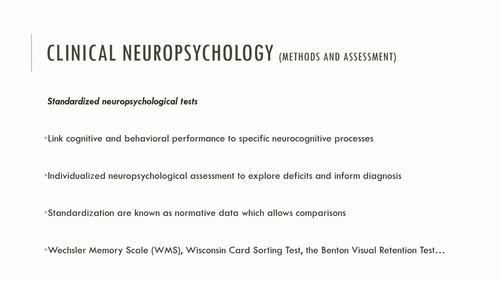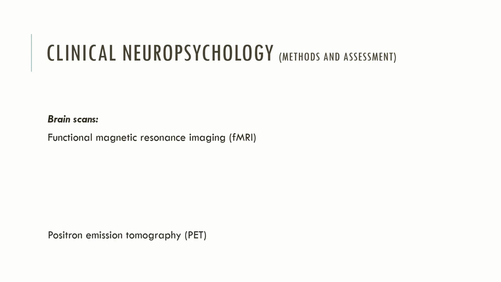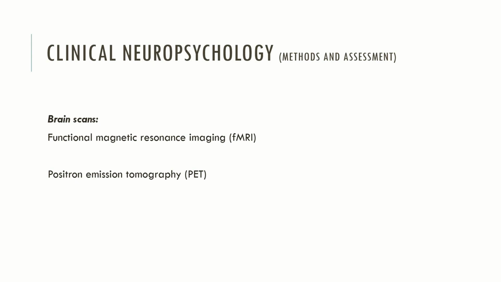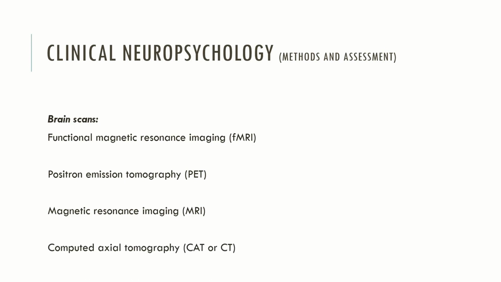Another method that a clinical neuropsychologist may use to understand how brain and behavior may be related is brain scans such as functional magnetic resonance, positron emission tomography, magnetic resonance imaging, and computed axial tomography, typically known as CAT.